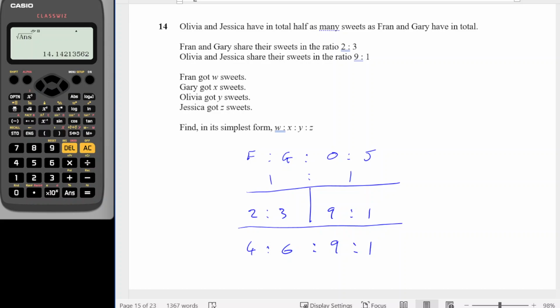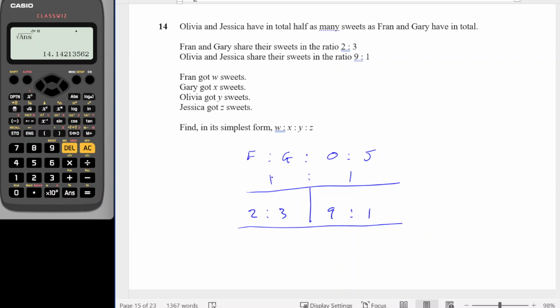And I've misread one crucial part to this question, and it doesn't really affect anything up until this point. The bit that I misread: they don't have the same amount of sweets. Oliver and Jessica have in total half as many sweets as Fran and Gary have in total.